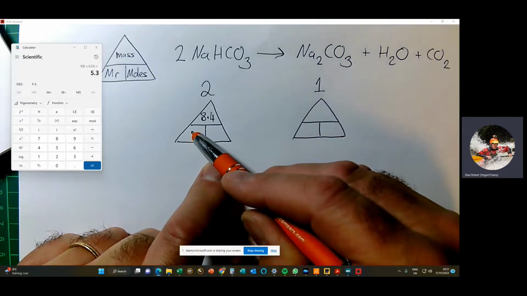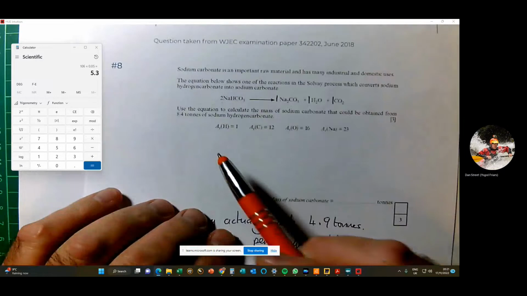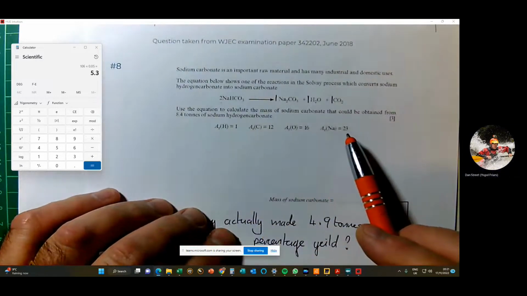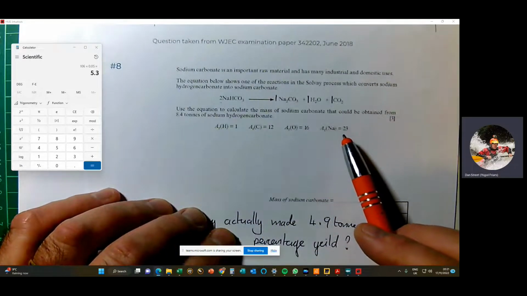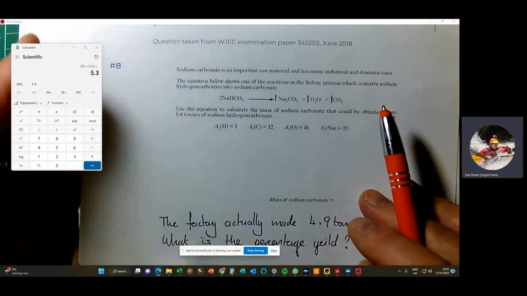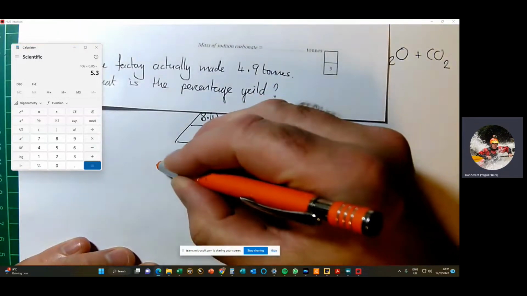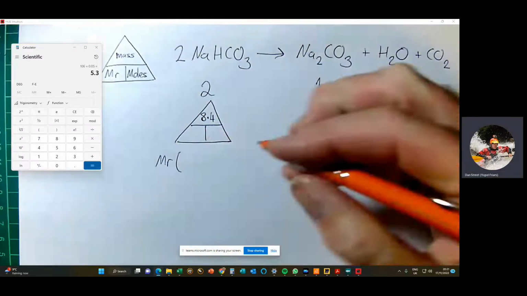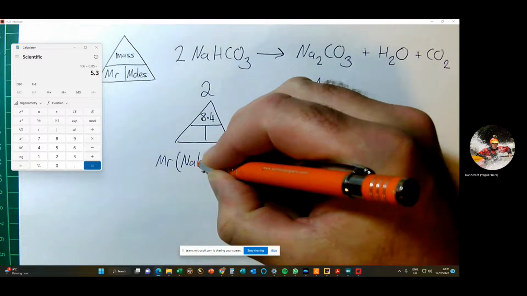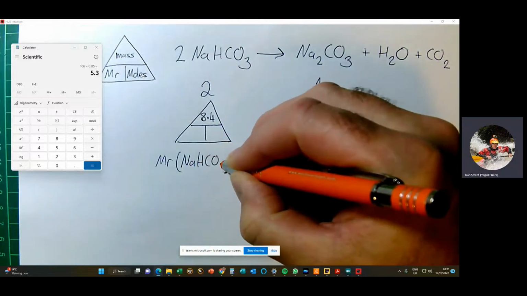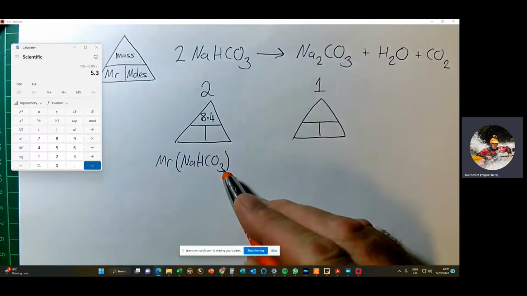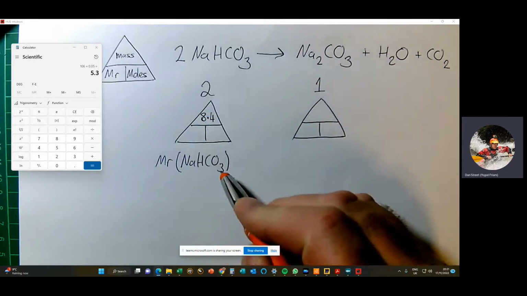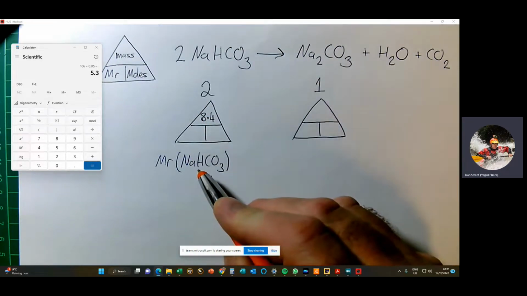Okay, now handily in the question, we are told the AR of all the relevant elements that we need. Okay, so to calculate the MR, which is the molar mass of sodium hydrogen carbonate, you'll notice that for these purposes, I've ignored the big 2. We're just interested in the MR of the compound itself.